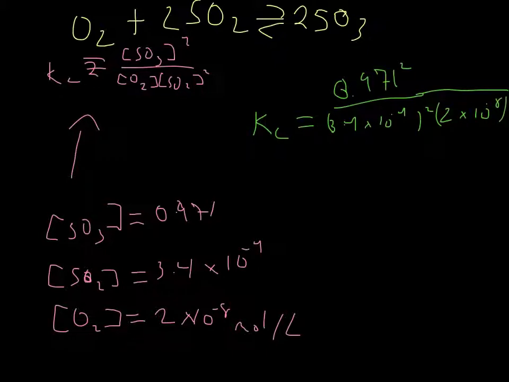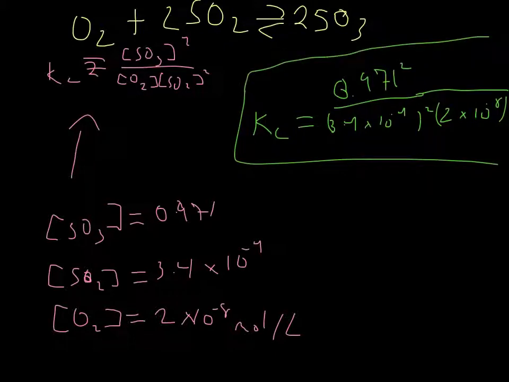So as you can see, this one takes up a lot of space, but when you plug this into your calculator, you will get that K is 4.2 times 10 to the 24.